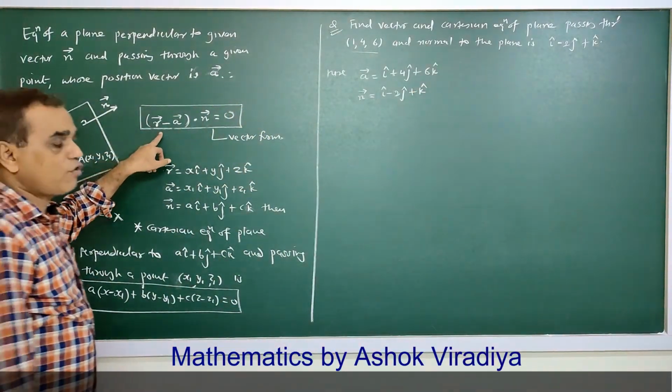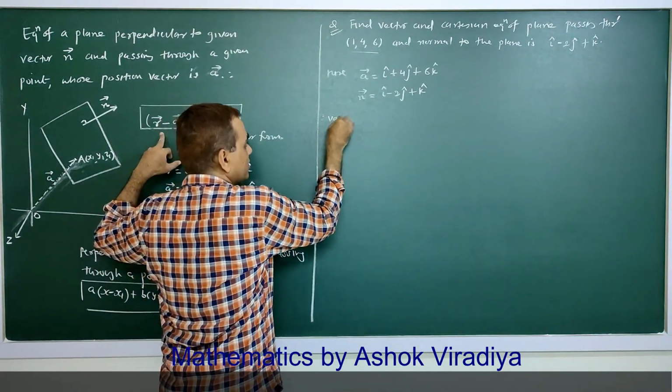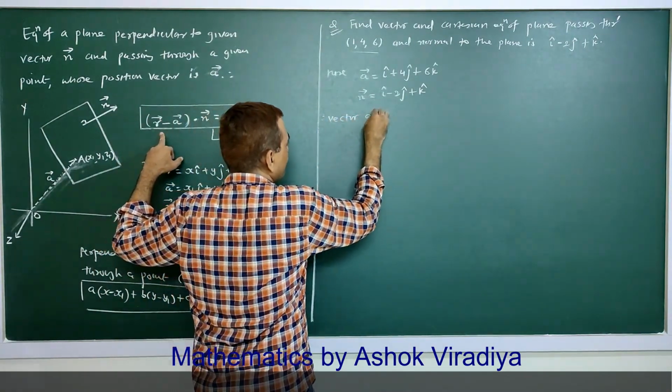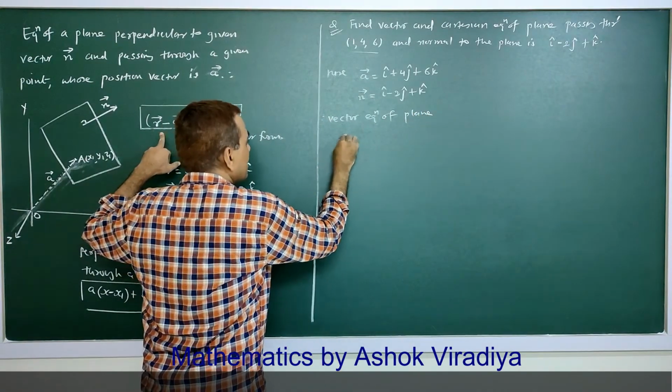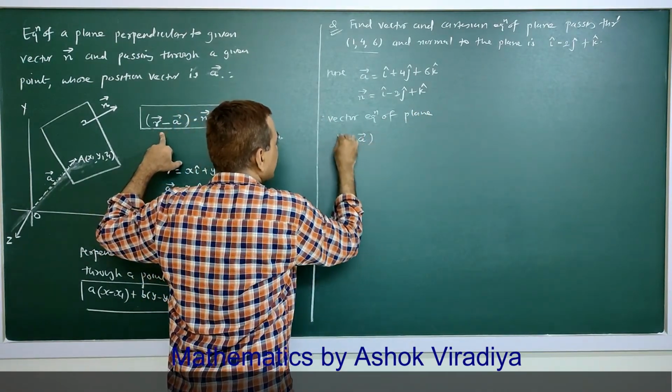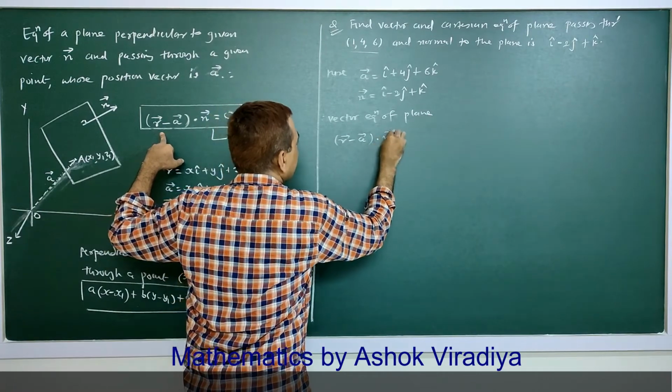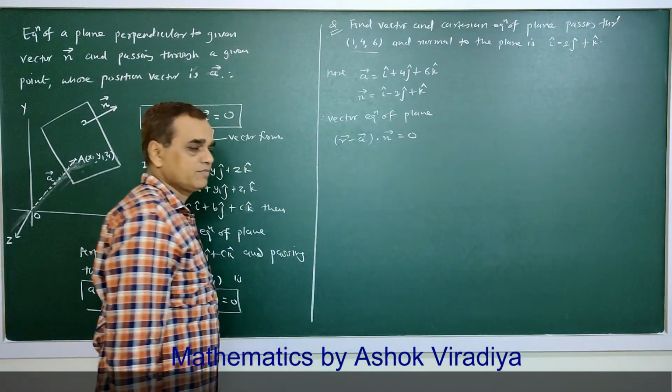This is vector form. So vector equation of plane is, formula is vector r minus vector a dot vector n is 0.